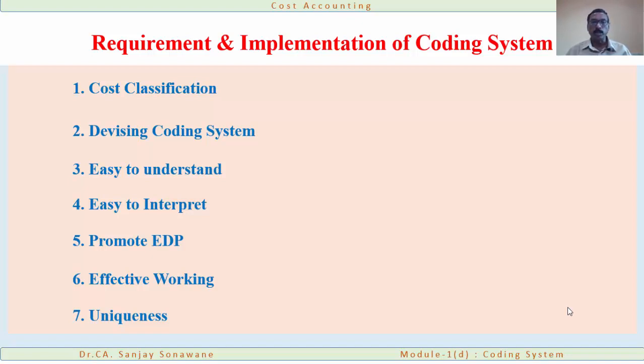Whatever coding systems we are giving, they must work effectively. It should not happen that whatever coding systems we have developed, we are required to redesign them. That kind of thing should not be there. And the last requirement is that there must be uniqueness while deciding the coding system. So let us understand all these 7 points one by one.